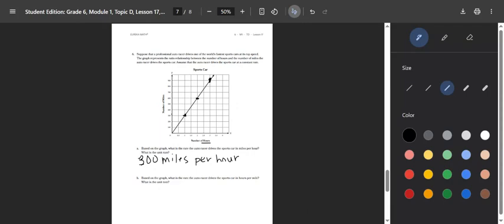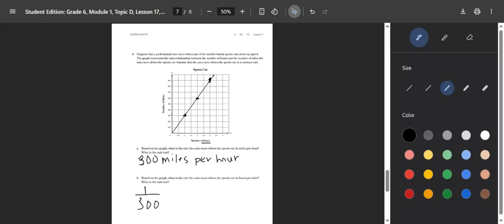So that's, and I want to get the per mile, so I need the miles to be the denominator now. Hours per mile. So that's going to be 1 hour, and the number of miles is the denominator, over 300 miles.